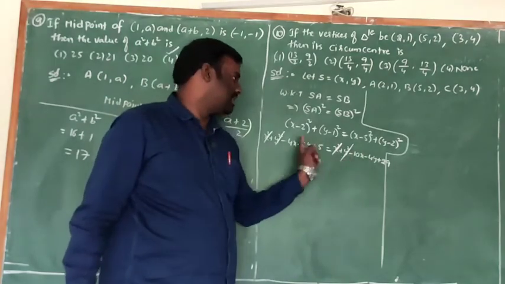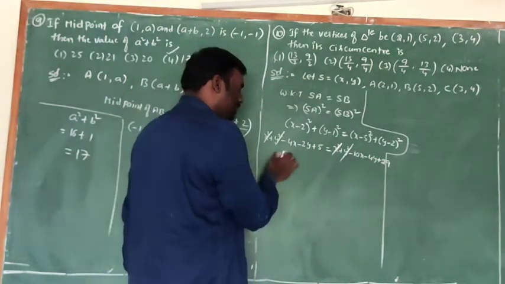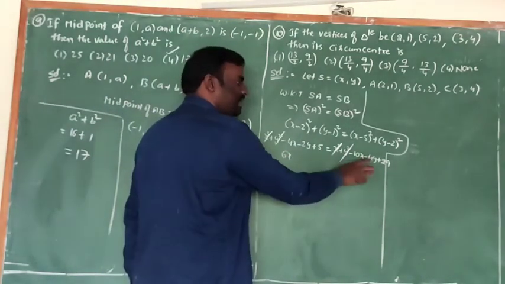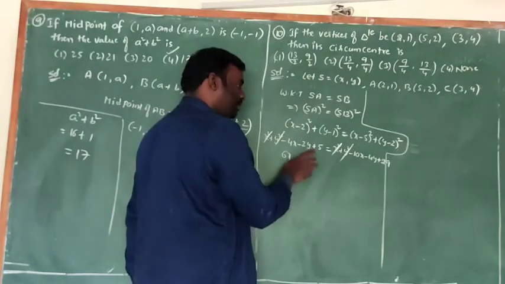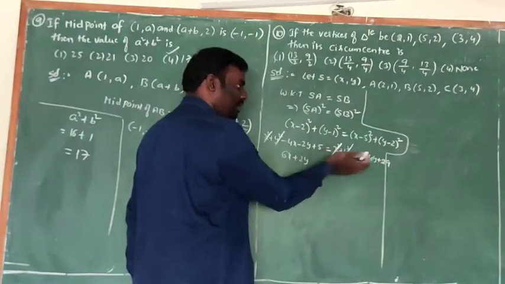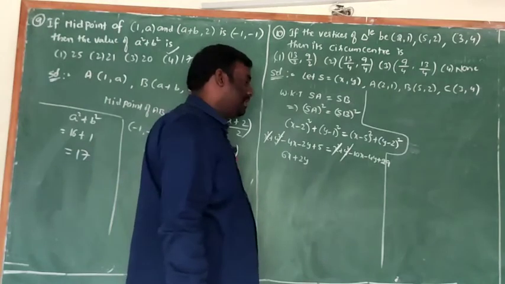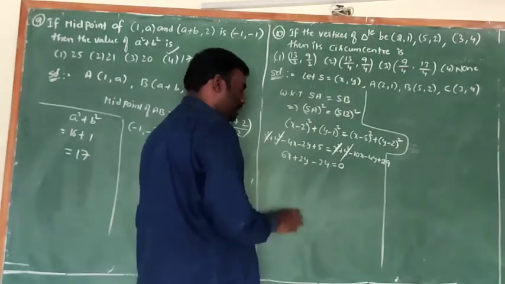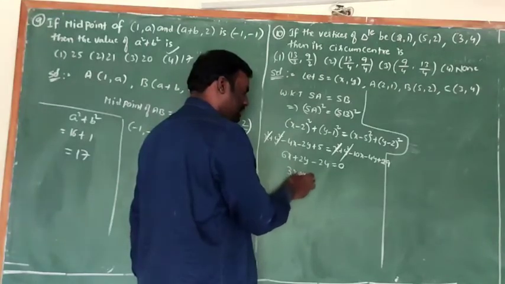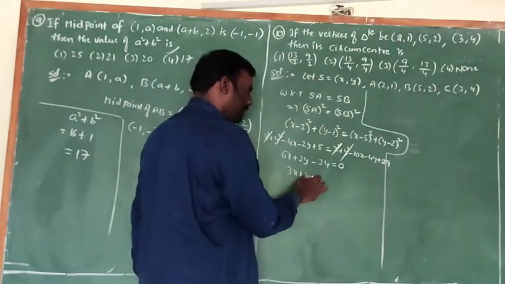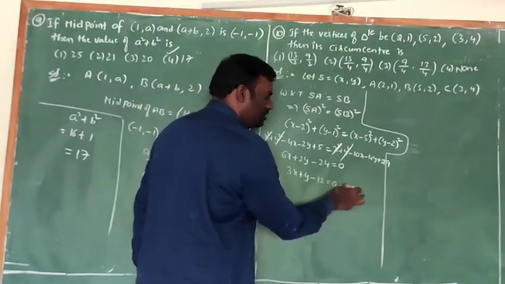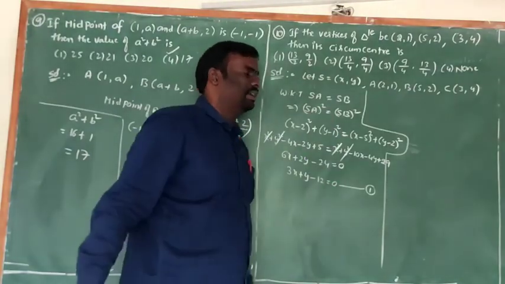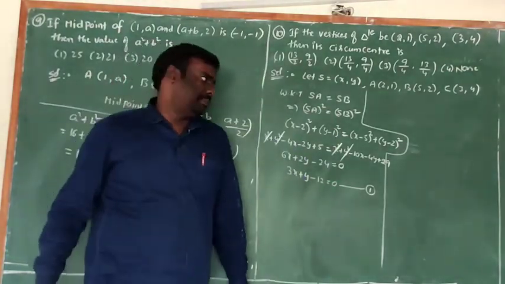Now this minus 10x come to this side, plus 10x minus 4x 6x. This minus 4y come to this side, plus 4y minus 2y 2y. 29 come to this side, minus 29, 5 minus 29 minus 24 equals to 0. If you take 2 common, 3x plus y minus 12 is equal to 0. This is equation 1. Next, I am taking one more.